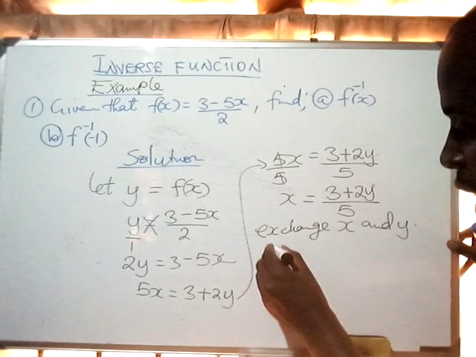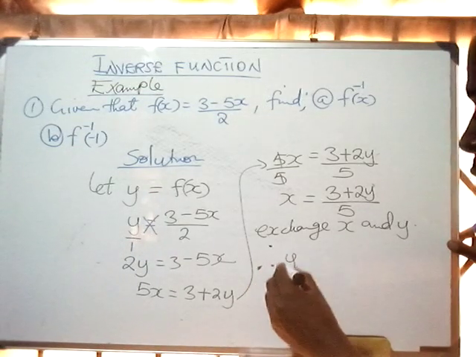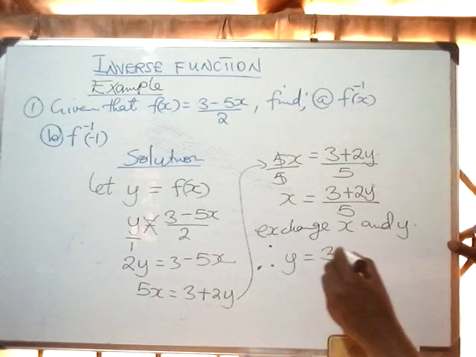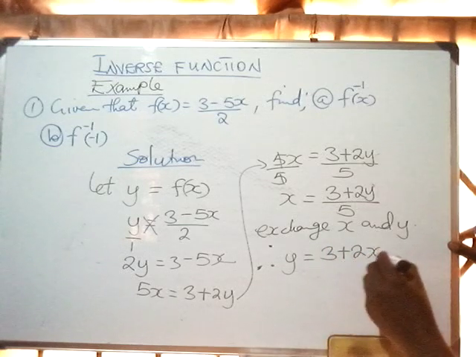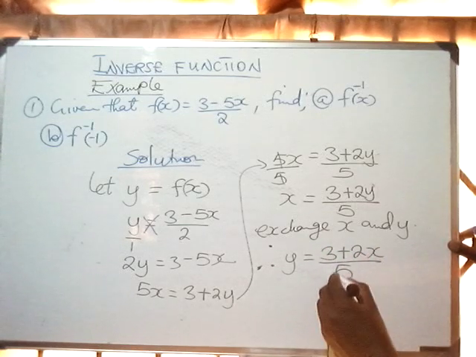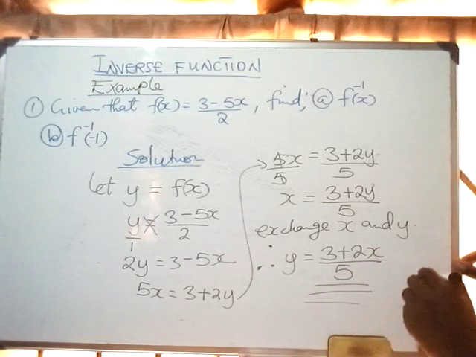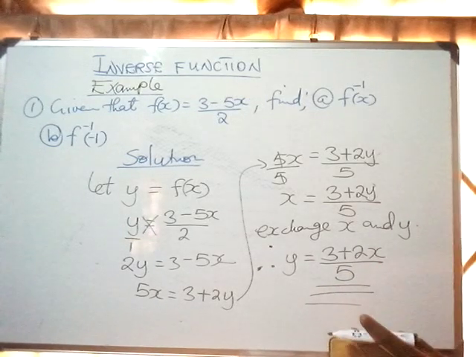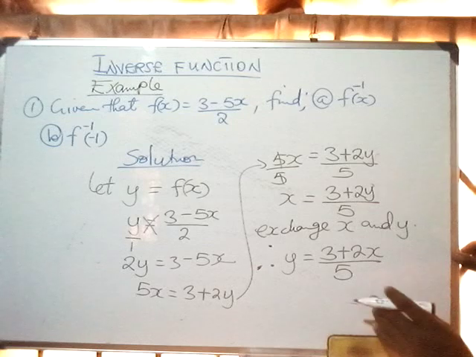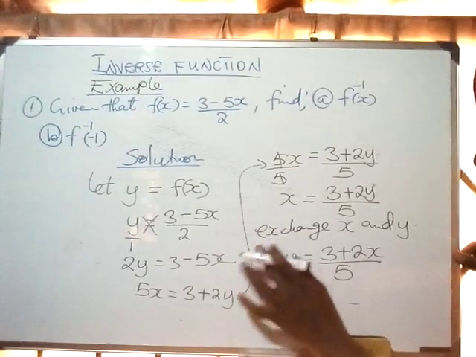So we are going to say our y is equal to 3 plus 2x over 5. Having done this, now we have exchanged. By the way, let me not say therefore y.